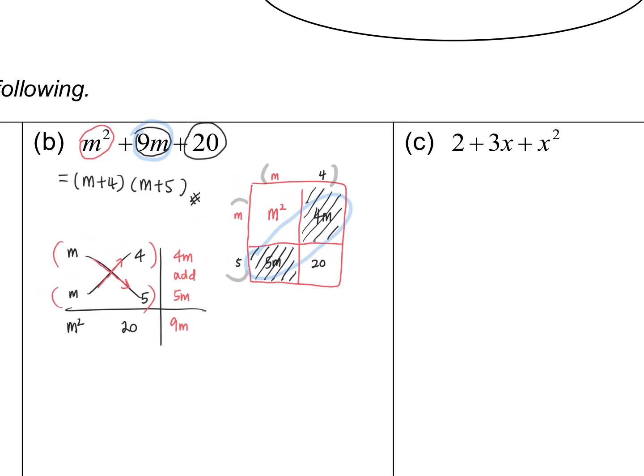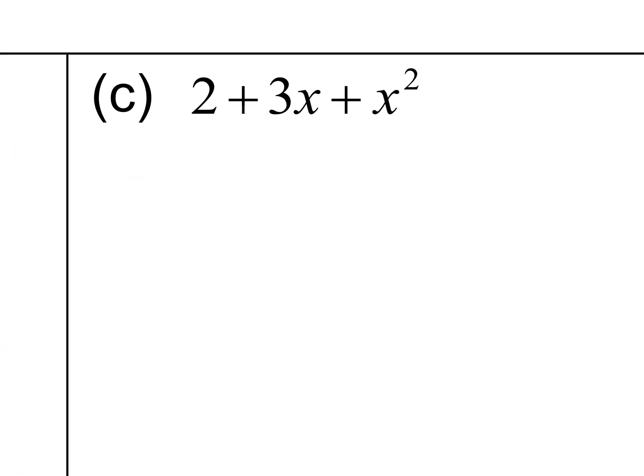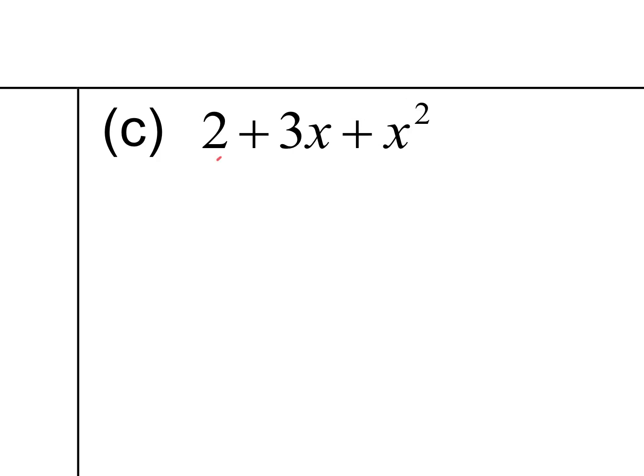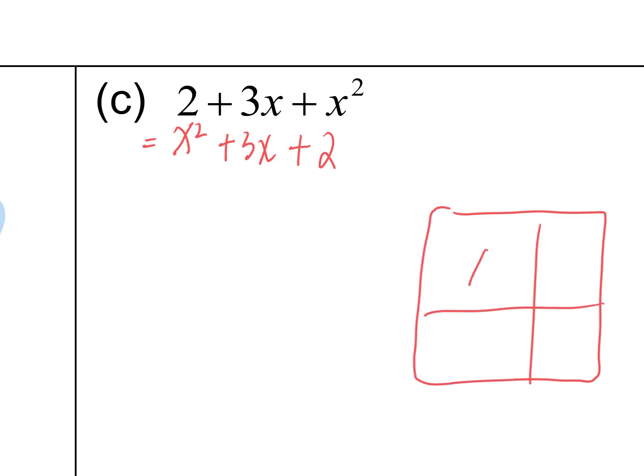Okay, next one. Okay, this one, they never arrange nicely for you. You can always rewrite it. Sometimes they like to mess things around, right? But never mind, you just rearrange yourself. So go and draw the model. So this must be x and x. The 2 must be here.